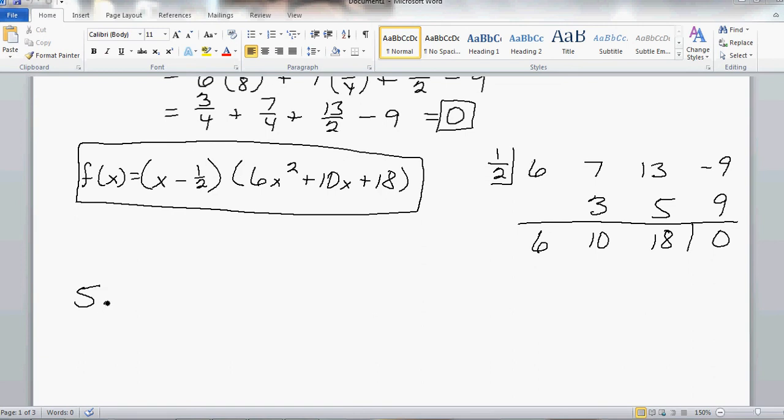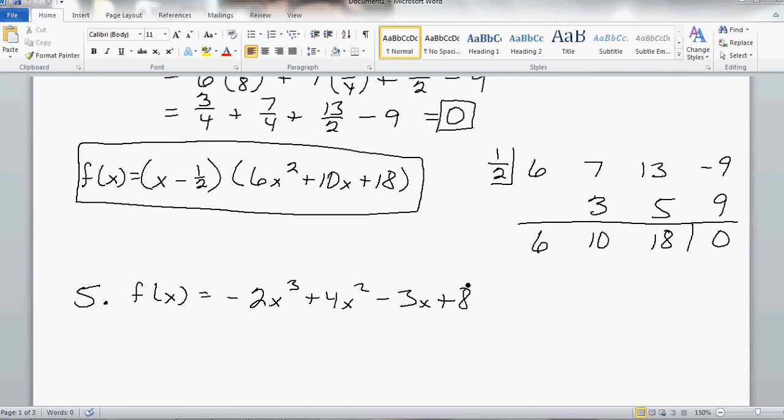Example number 5. It says list the potential rational zeros of the polynomial function, but we're not supposed to find the zeros. Now how we do this is very simple. We look at number 5. F of x equals negative 2x cubed plus 4x squared minus 3x plus 8. The possible rational zeros.